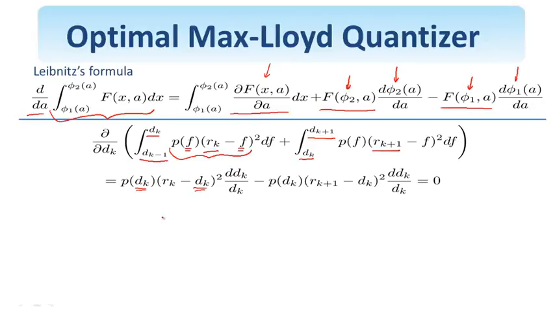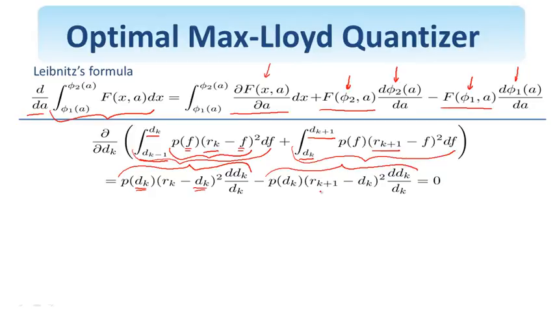It's a bit of an unfortunate notation here, too many d's you might say, minus the integrand evaluated at d of k minus 1 times the derivative of d of k minus 1 with respect to d of k, which is equal to 0. So the derivative of the first term gives rise to just one term here, and similarly the derivative of the second term will give rise to this second term.